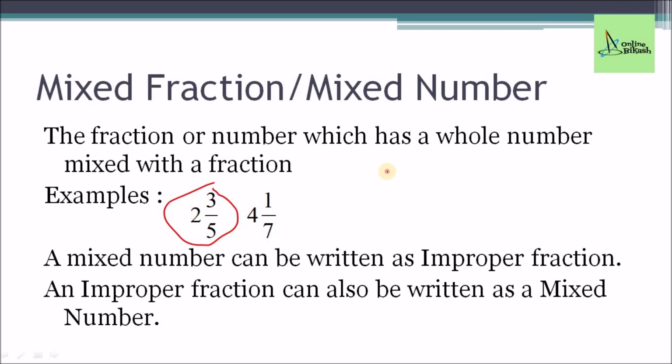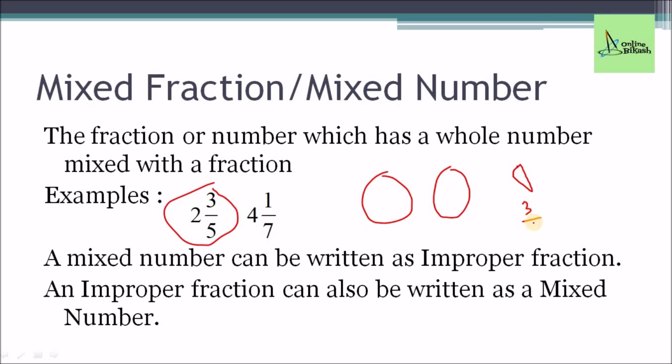Suppose you have some bread. Let it be bread, and suppose this is one bread, this is one bread, so we have 2 whole breads, and this is 3 by 5.